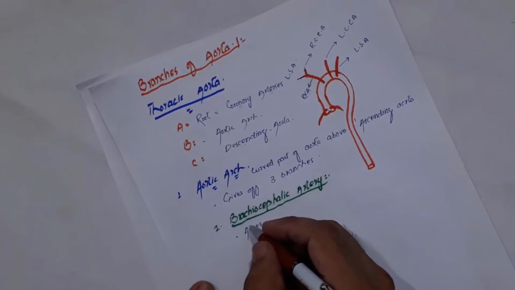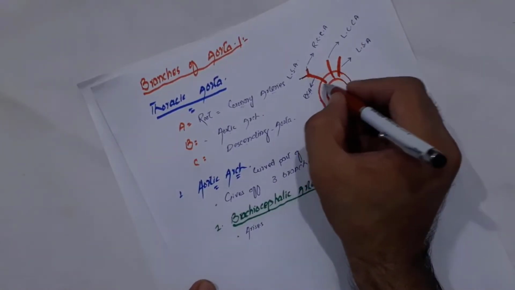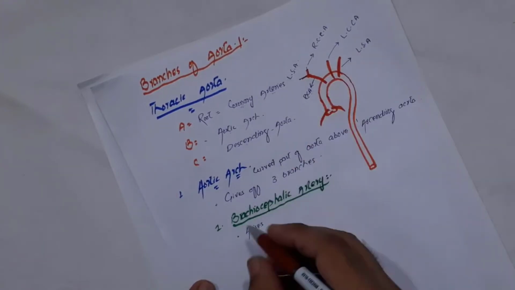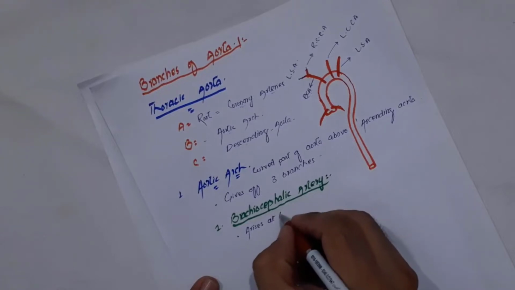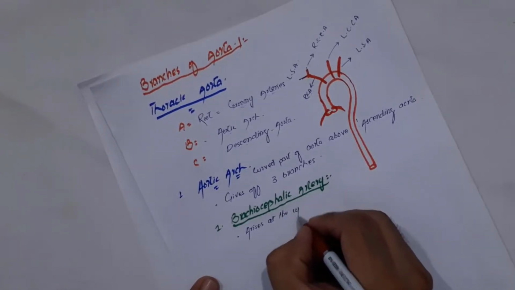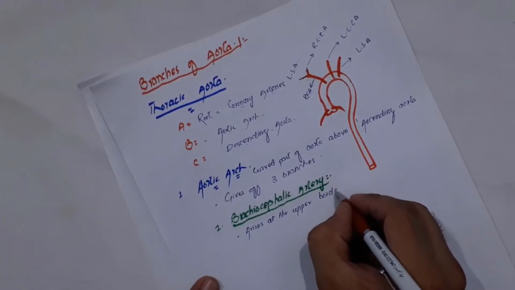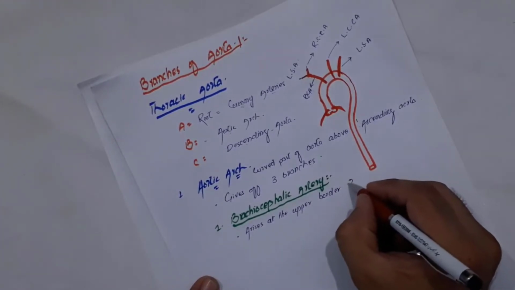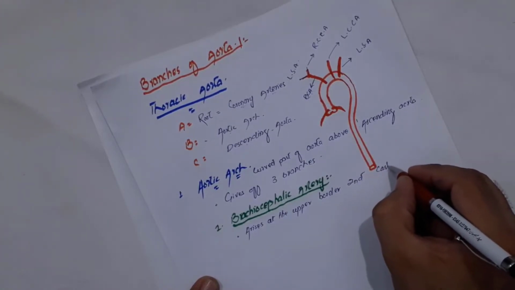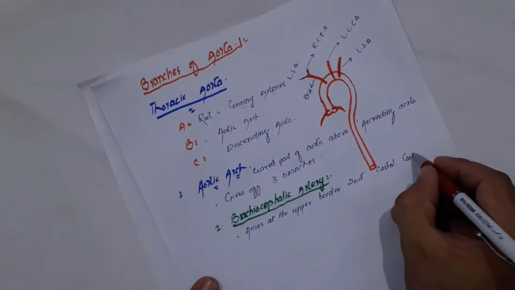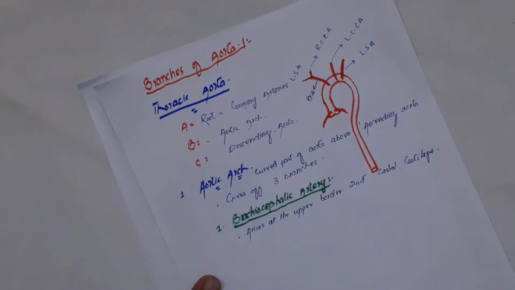This artery arises at the upper border of the second right costal cartilage. This is its origin point.